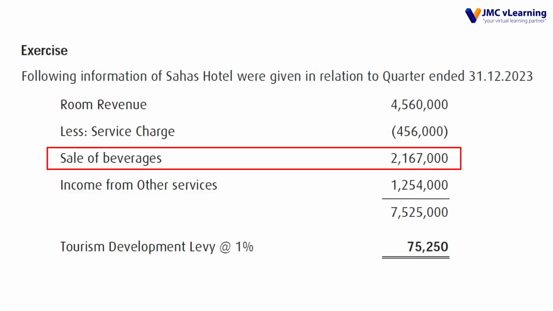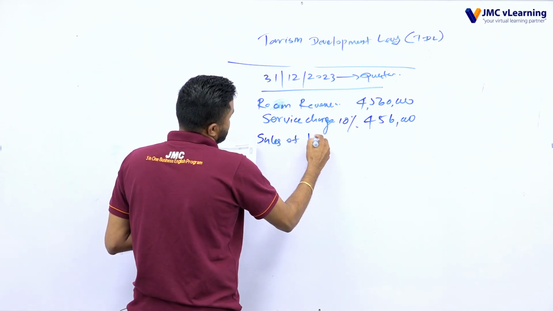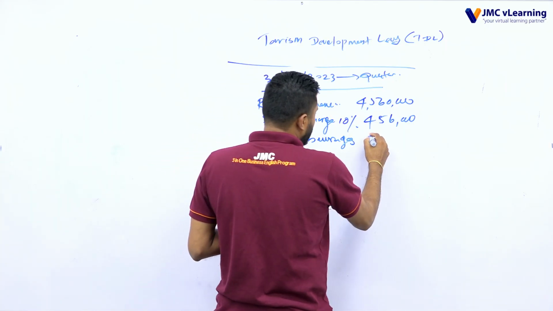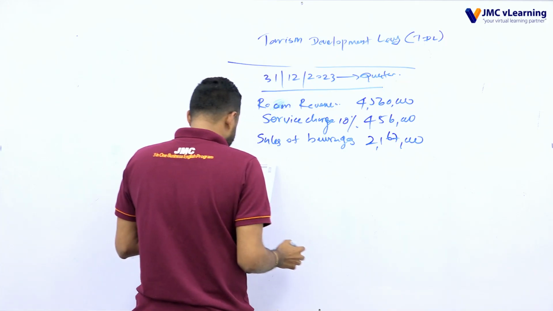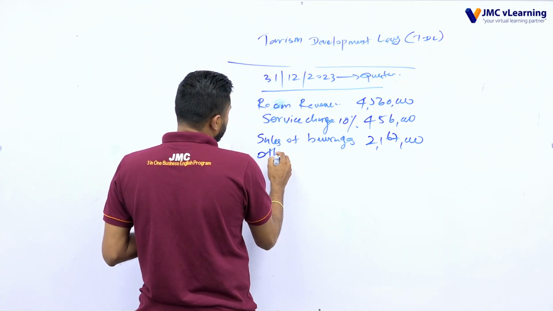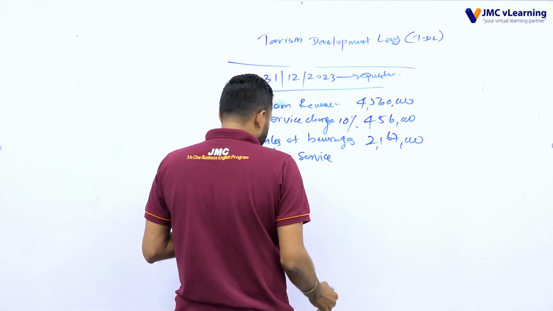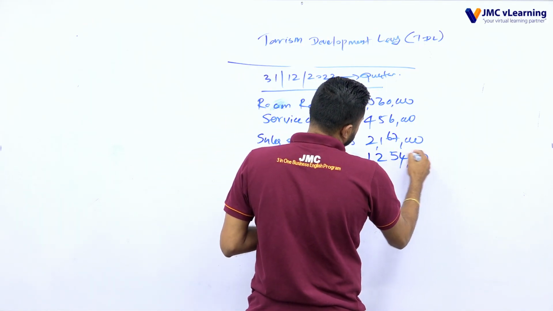Then the sales of beverages, you know that, 2,167,000. Others, income from other services, 1,254,000.